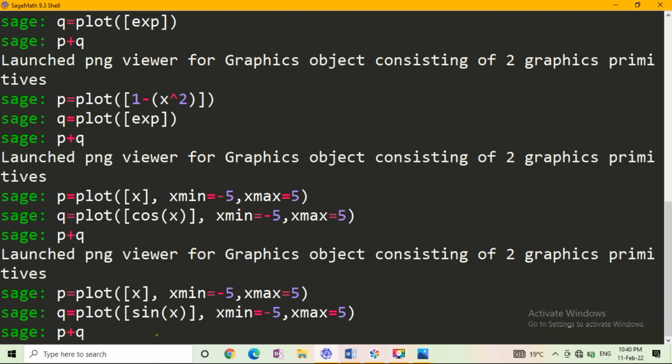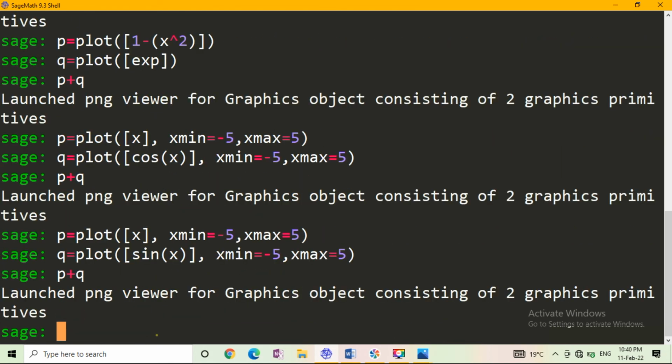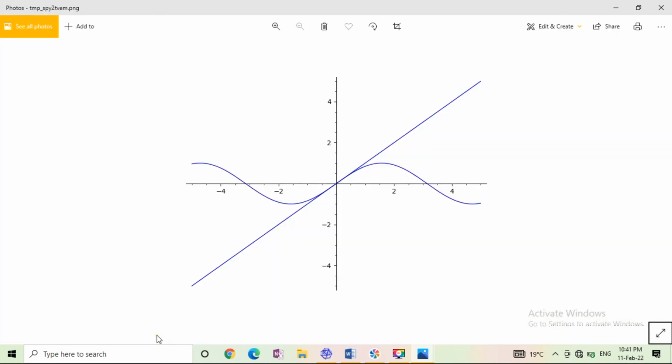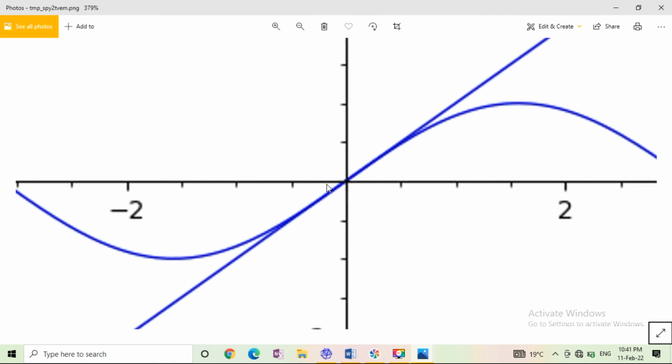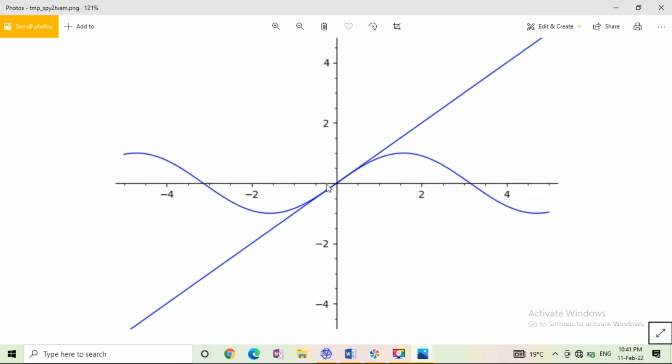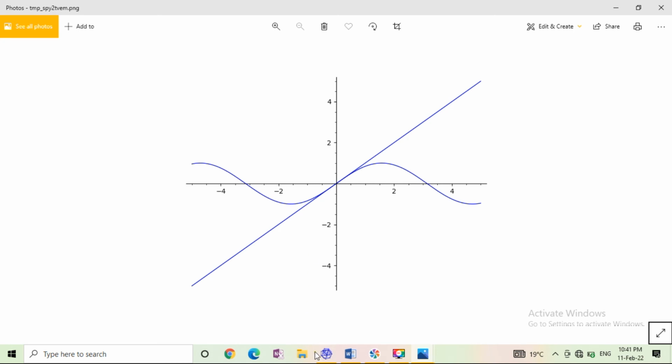After that you write p plus q, then press enter, or on the Sage server you press the evaluate button. You look at this, the line y is equal to x is a tangent at the origin to this graph. So you see this graph, and this is the solution.